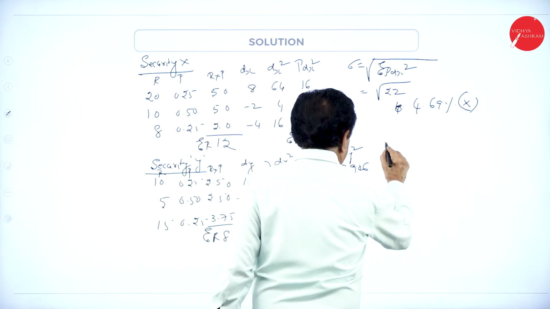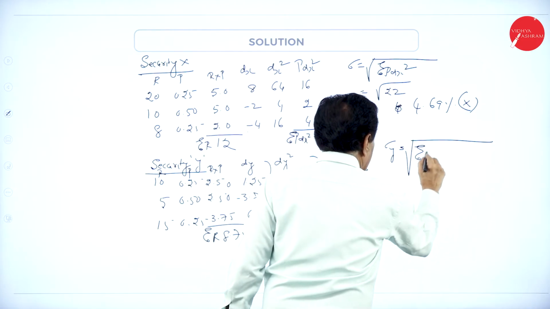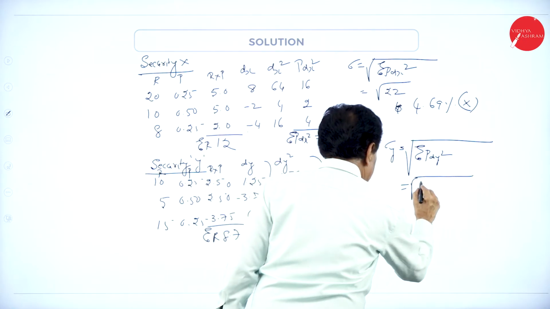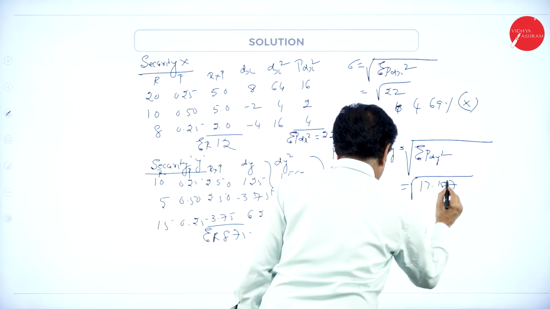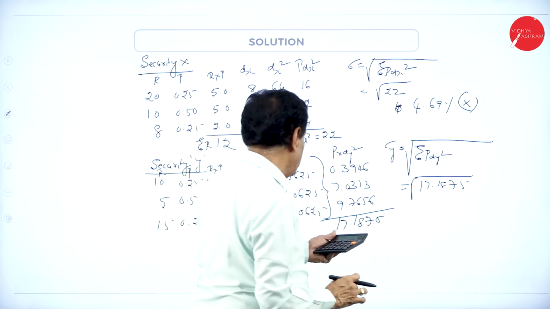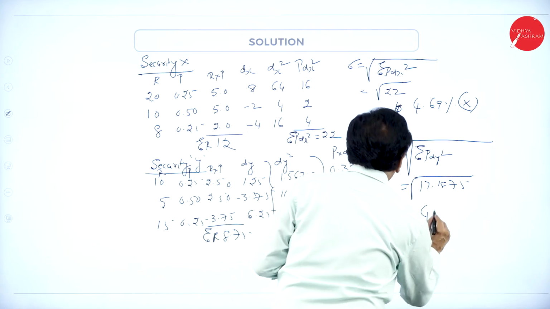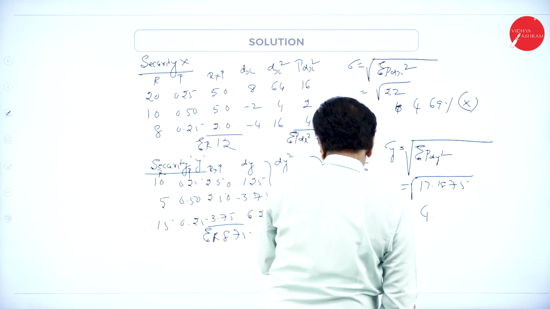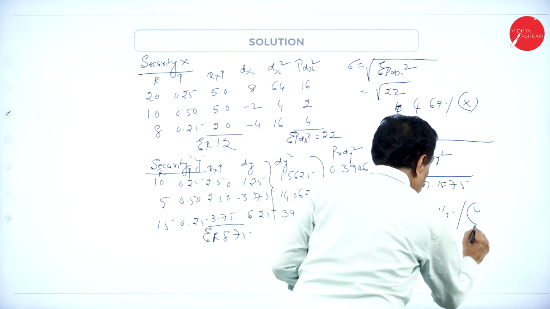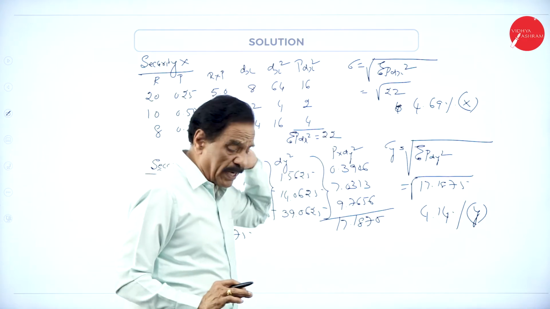Then standard deviation of y is equal to root of sigma p dy square, root of 17.1875, root of this is 4.145. So one goes to x, one goes to y.